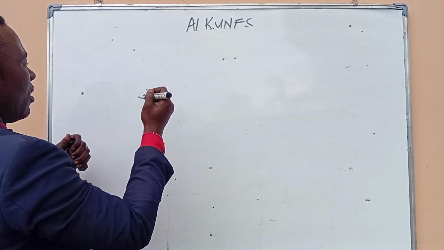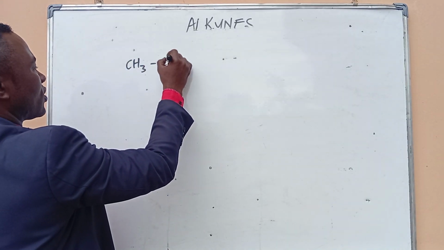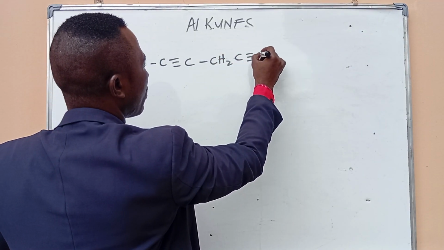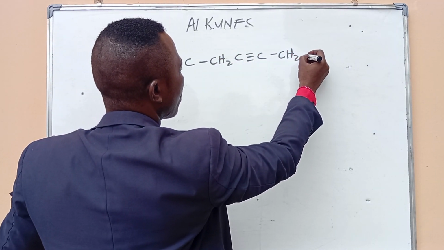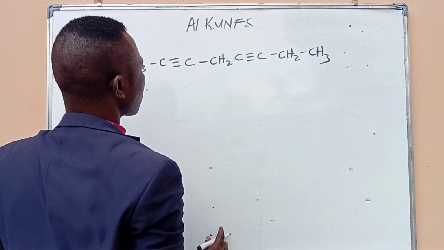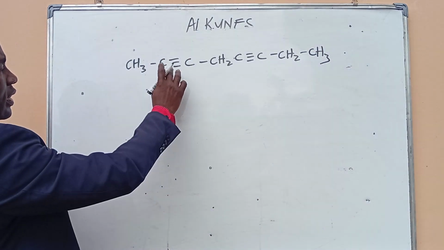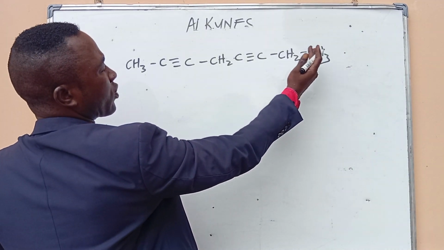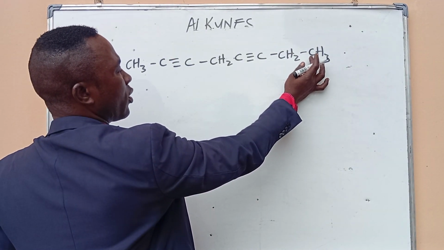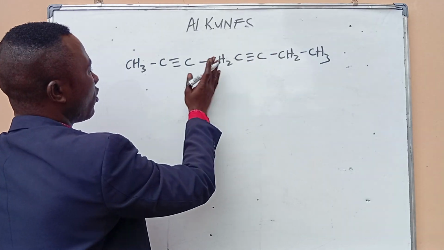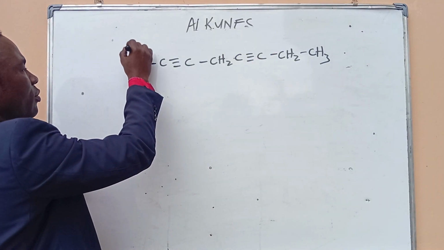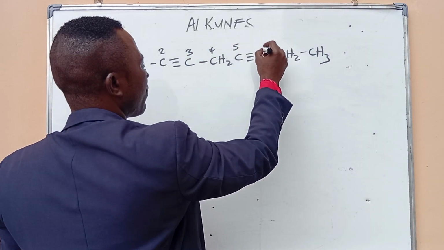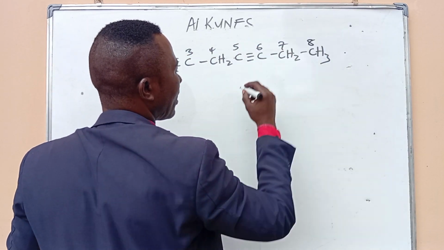Let's say we have CH3, C triple bond C, CH2, C triple bond C, CH2, CH3. There is a triple bond here, a triple bond here. Where do we number from? If we number from here, the first triple bond will be 1, 2, 3. But if we number from here, it will be 1, 2. So it will be better to number from here, which is 2, 3, 4, 5, 6, 7, and 8.